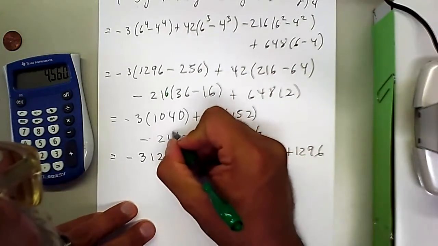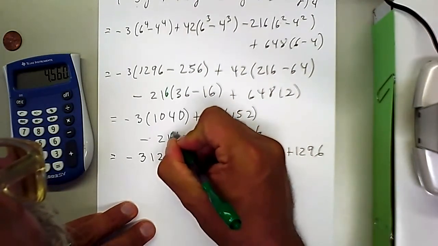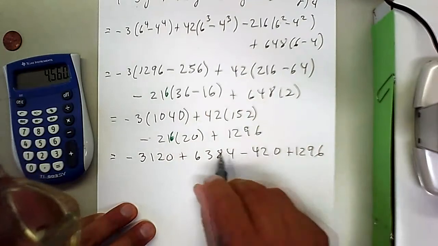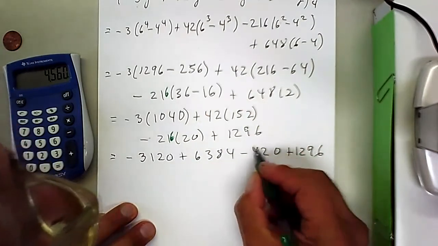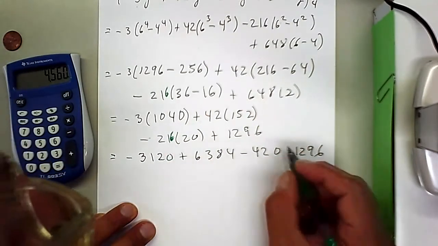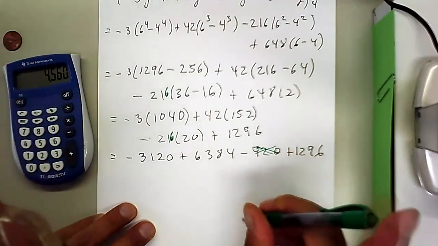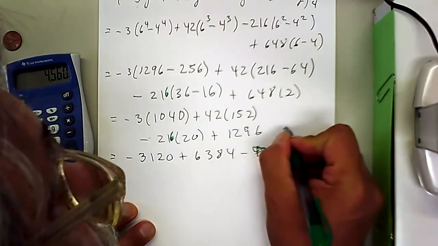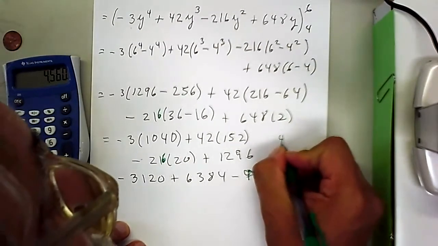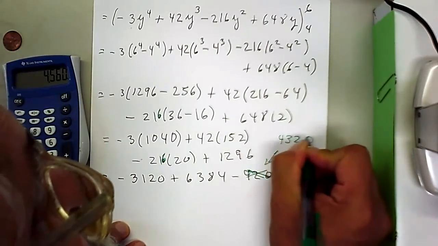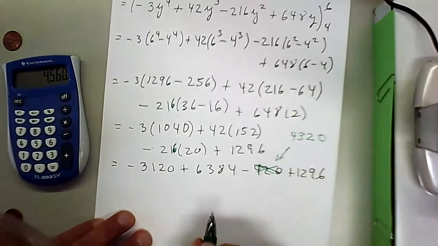And I was missing a 6 here, 216. So 216 times 20, that is 4320. So we're subtracting 4,000.